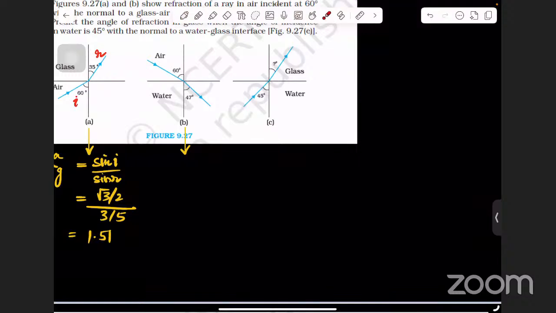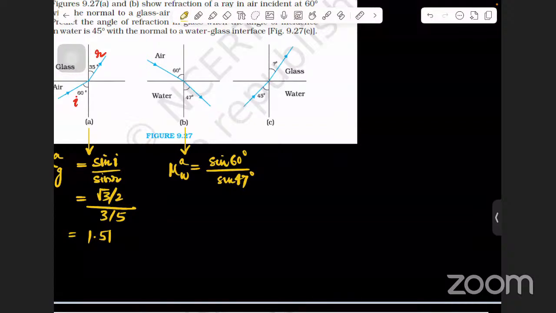Now let's go to the second case, the second situation. The ray is coming from air into water. So the refractive index of water with respect to air would be again sine 60, which is the angle of incidence, upon sine 47, the angle of refraction.